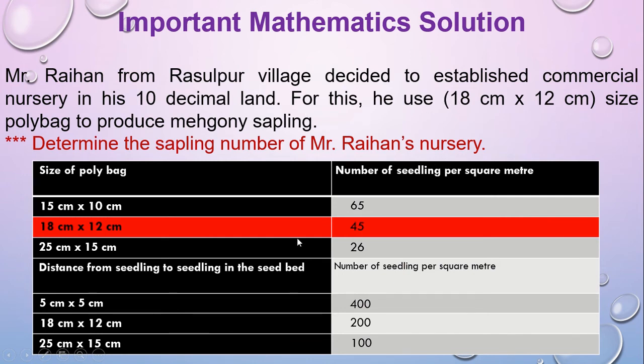If you memorize this table, I can easily understand that for 18 centimeter into 12 centimeter size polybag, have a look, this is the size of polybag. You need 45 seedlings per square meter, but here the land is 10 decimal, so you have to convert this 10 decimal to the square meter.